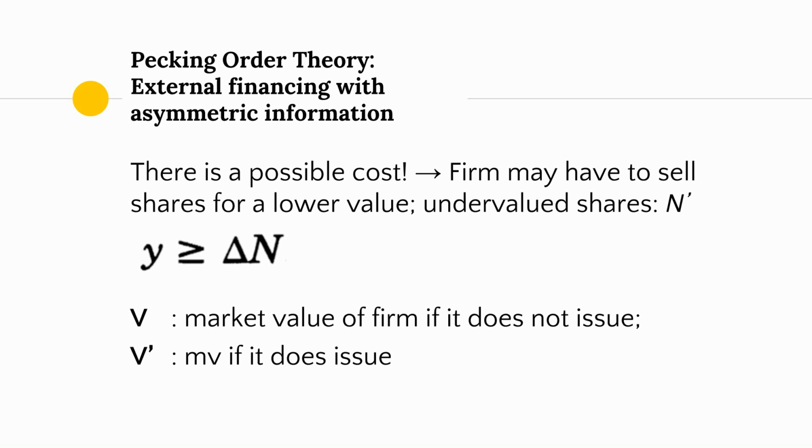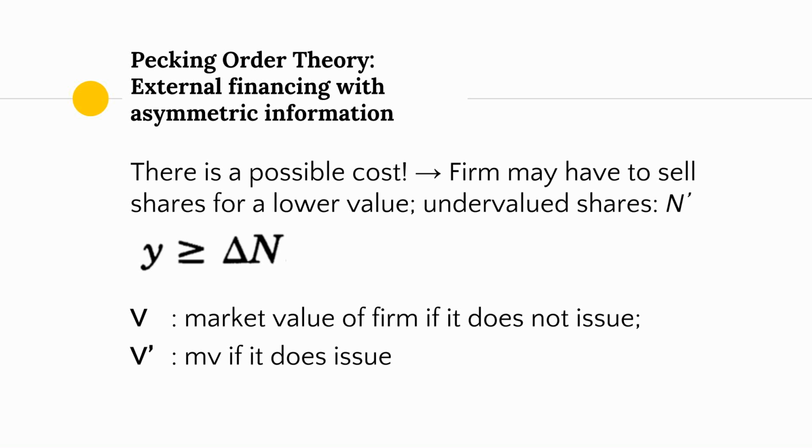If the inside information is favorable, however, the firm may pass up a positive net present value opportunity rather than issue undervalued shares. But if management acts this way, its decision to issue will signal bad news to both old and new shareholders.